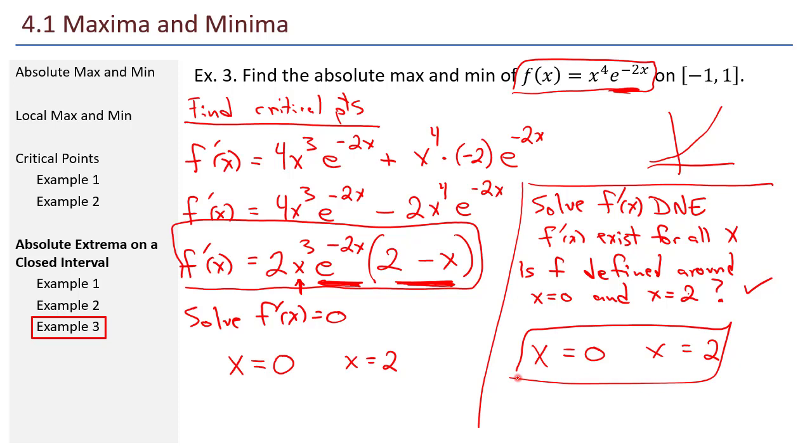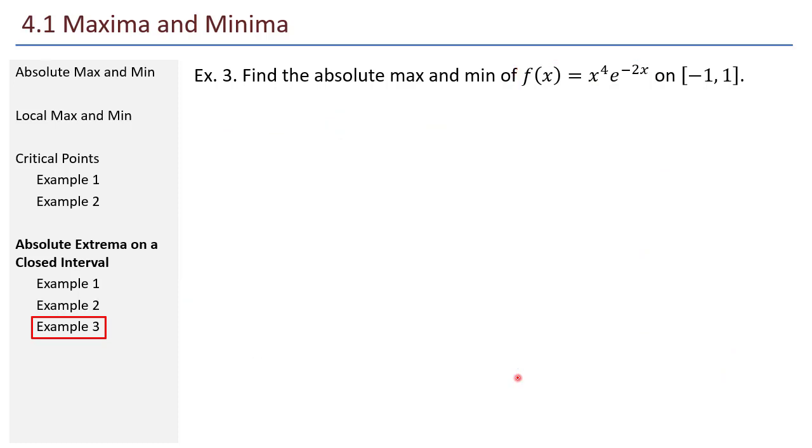Now, we turn our attention to the closed interval from -1 to 1. What is the absolute max and absolute min of this function on the closed interval from -1 to +1? I'll erase all the markings and address that. So I need to figure out f at my critical points, f of 0, f of 2, and at the endpoints, f of -1, f of +1.